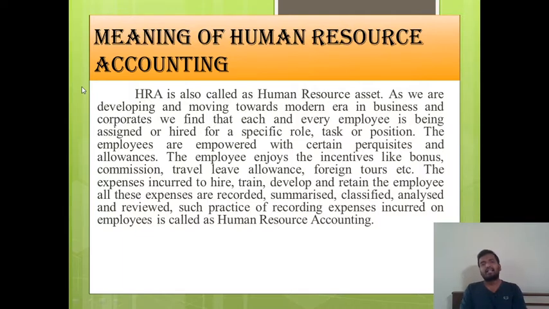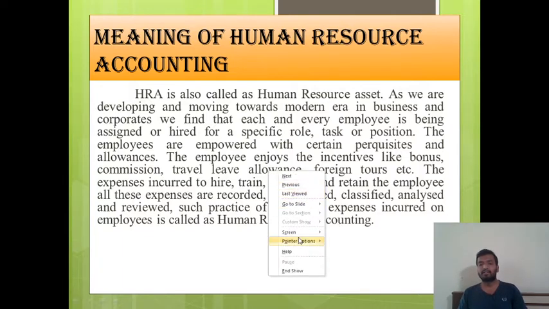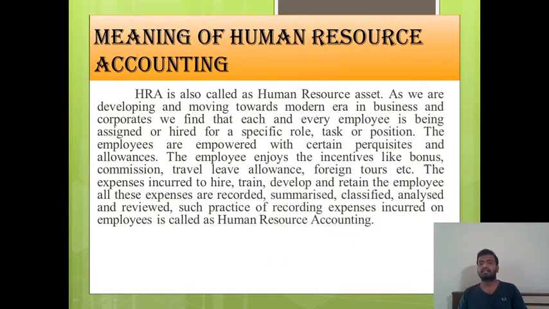Here, while seeing the meaning of human resource accounting, one thing you might have noticed: the expenses incurred to hire, train, develop and retain the employee, all these expenses are first recorded, summarized, classified, analyzed and reviewed.